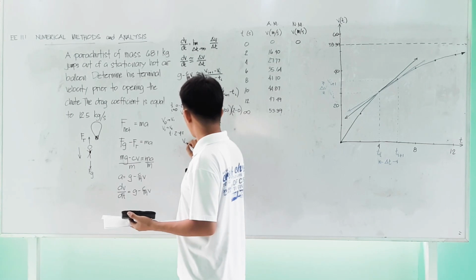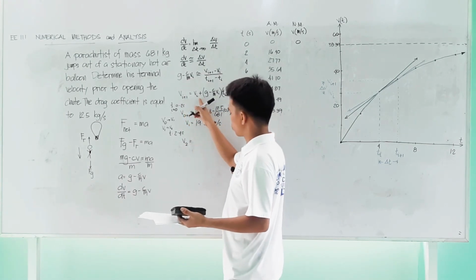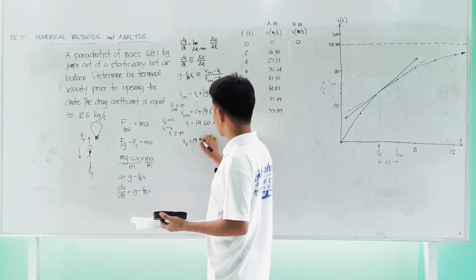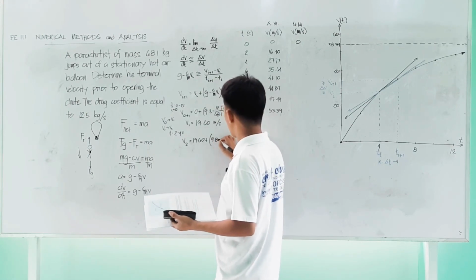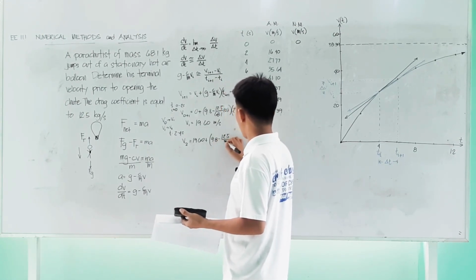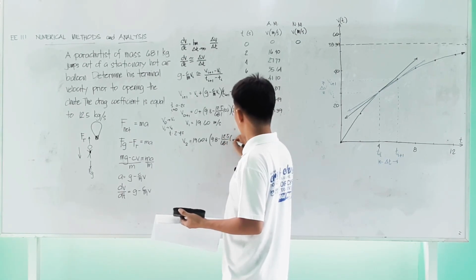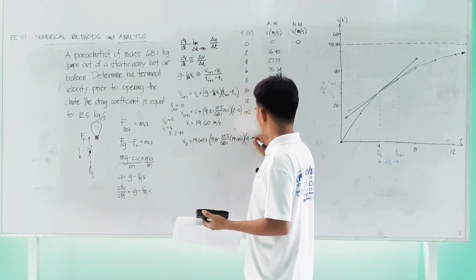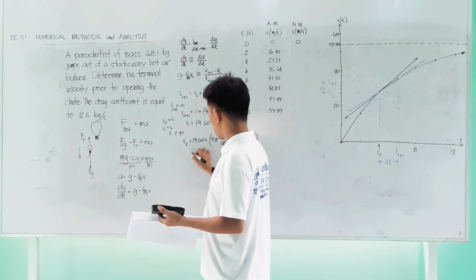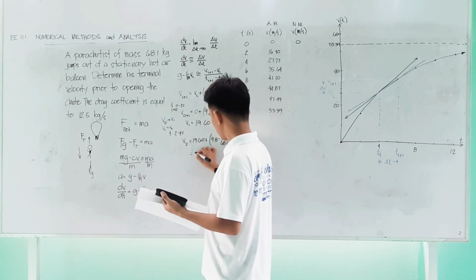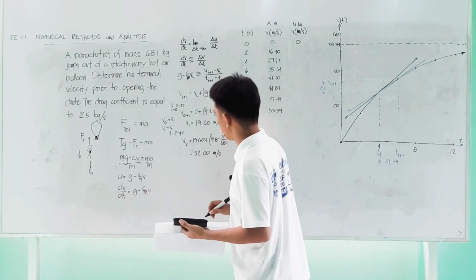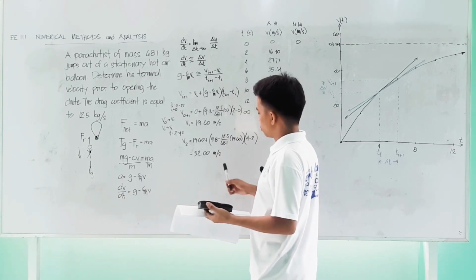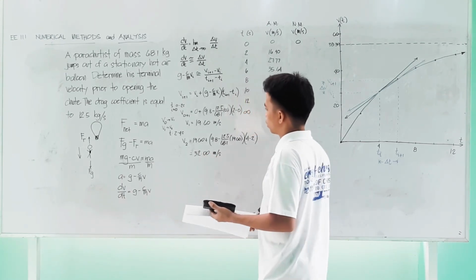Then we can have our V2. The previous value, that's 19.6, plus this will be equal to 32 meters per second. 32 meters per second, that's our V2.